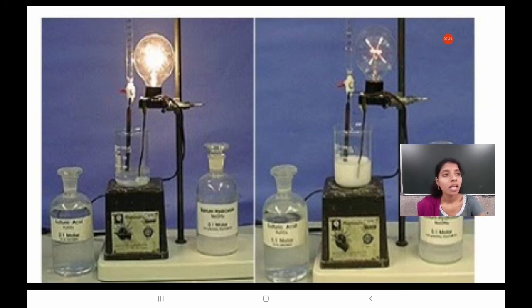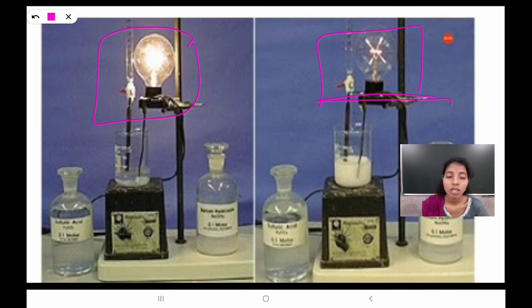So that's why the bulb glows very brightly in sodium hydroxide solution when compared to ammonium hydroxide solution. In ammonium hydroxide solution, the movement of ions is very less. So that's why the flow of current is also less, right? So that's why the intensity of the bulb is less in ammonium hydroxide solution.